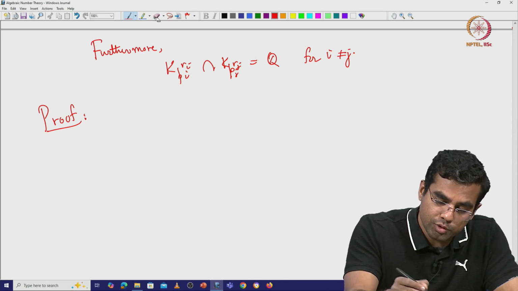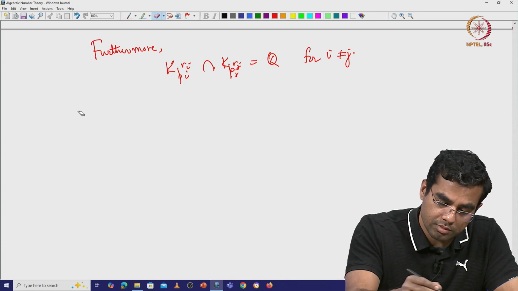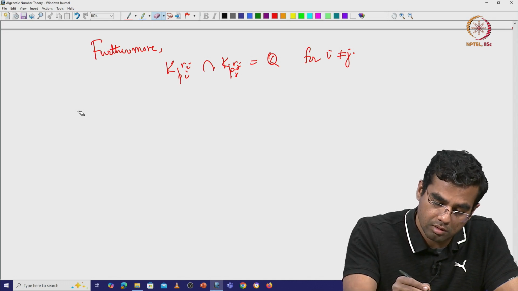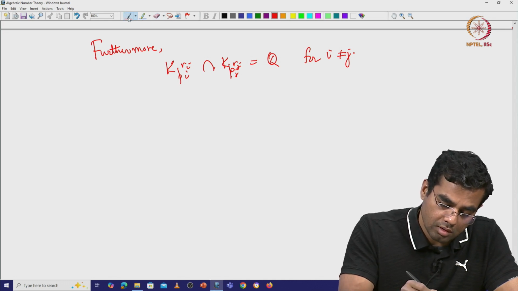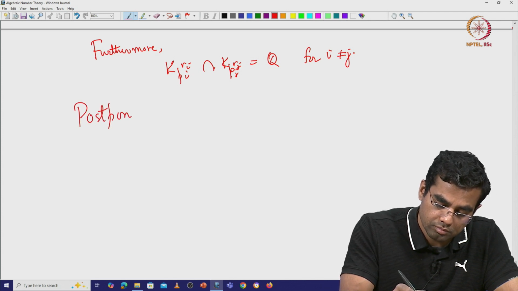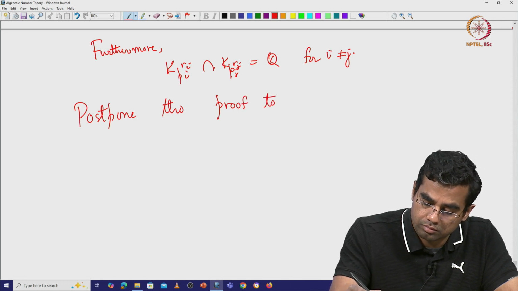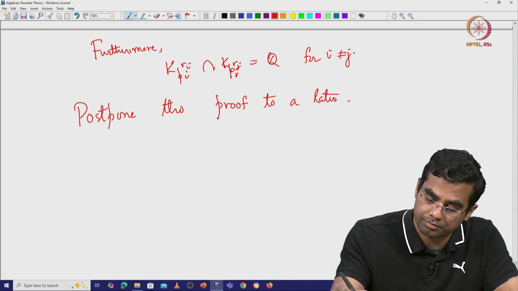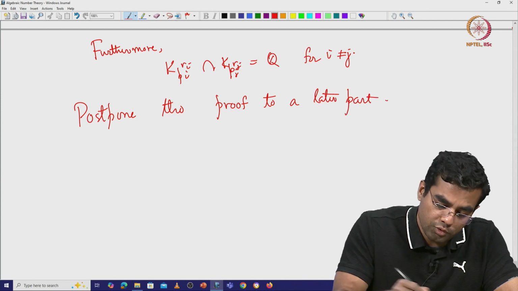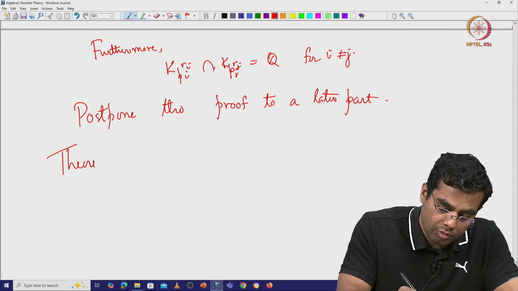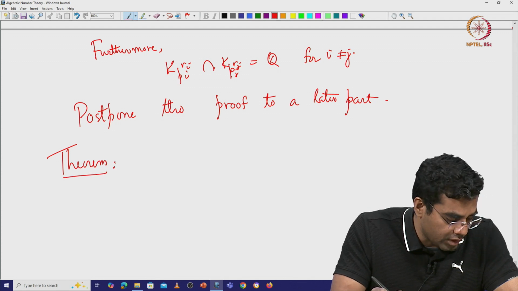Maybe I will postpone the proof of this to after the theorem. We first prove the following theorem. So, let me state the following theorem.